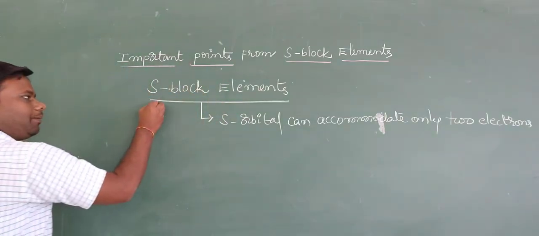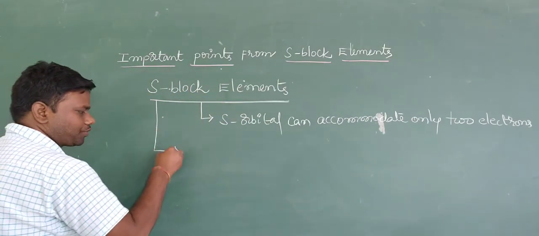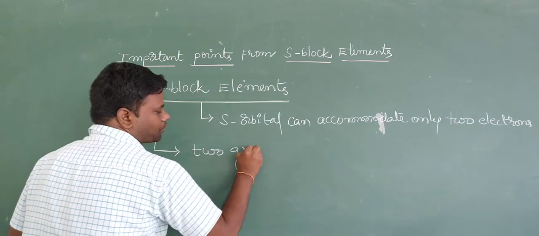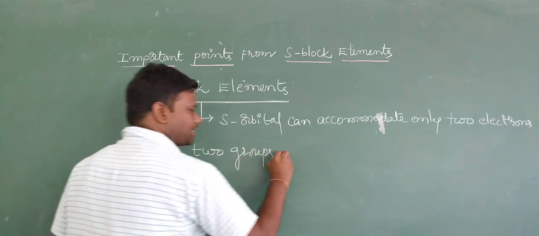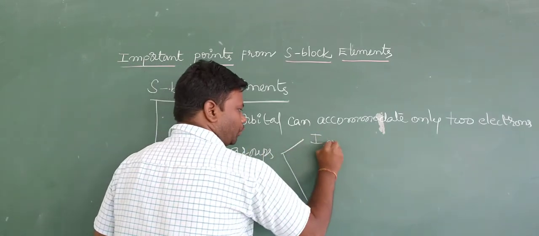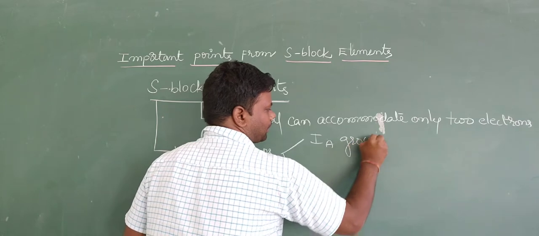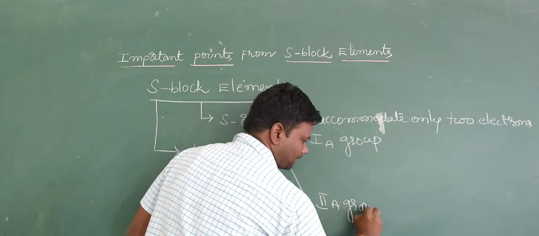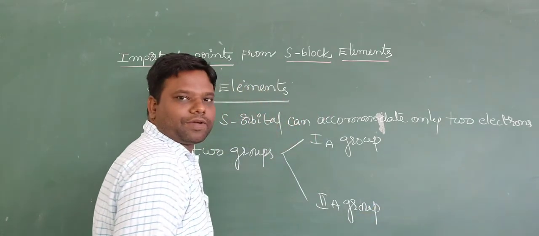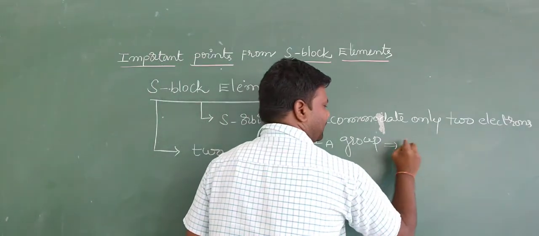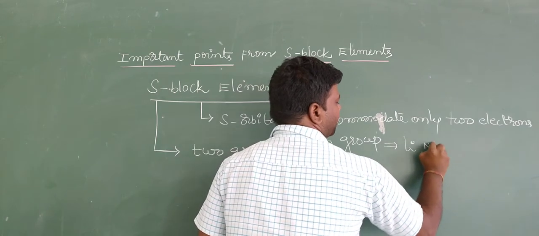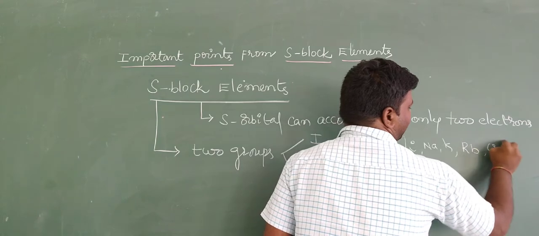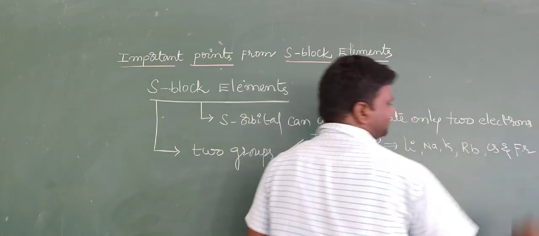The S block elements contain two groups. One is first A group, second is second A group elements. First A group elements are lithium, sodium, potassium, rubidium, cesium and francium.